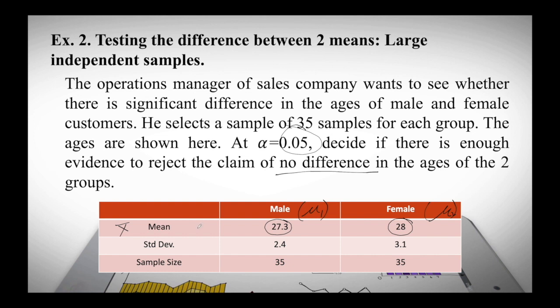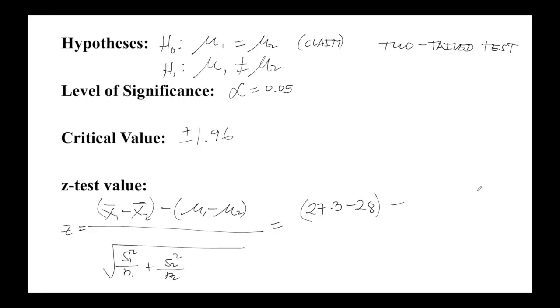Again, mu is the population mean. We just have here our sample mean. So, we don't have any value for mu for both the male population and the female population, or rather, the male dataset and the female dataset. I hope you already know what I mean. Meaning to say, we will be having a value of 0 here.